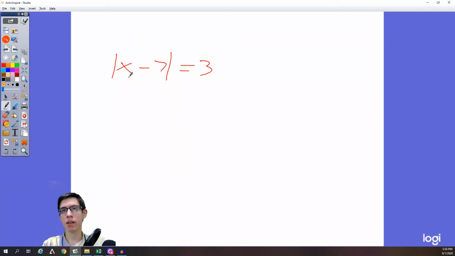If instead of x minus 7, I had just a number inside of these bars, what number would that have to be? Well, it would have to be either 3 or -3. Those are the only two things that could fit inside these bars to be equal to +3 after I took the absolute value. So that means that x minus 7 has got to be equal to either 3 or it's got to be equal to -3.